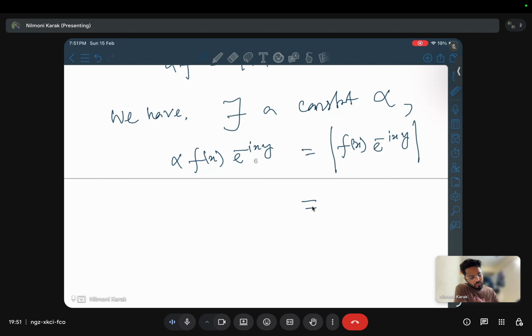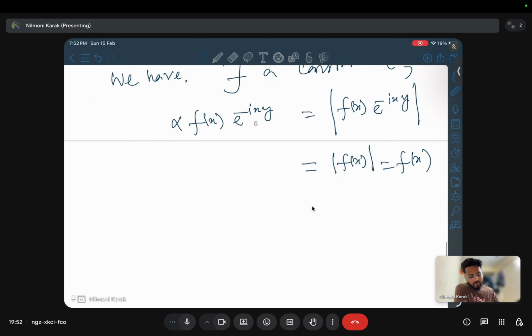This is nothing but the modulus of f of x, which equals f of x because f of x is positive, and this holds only almost everywhere on R.